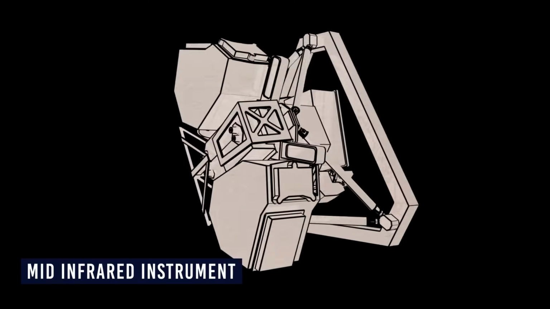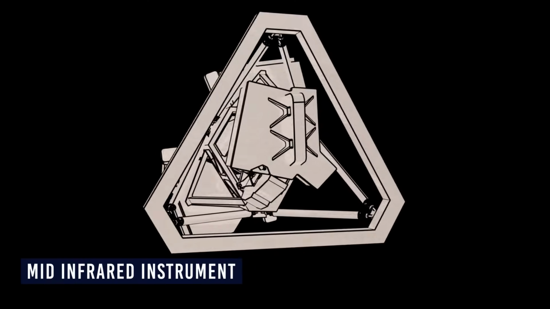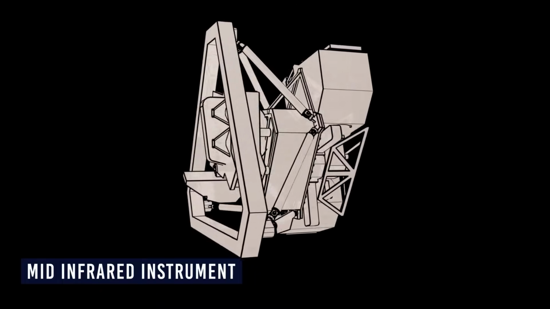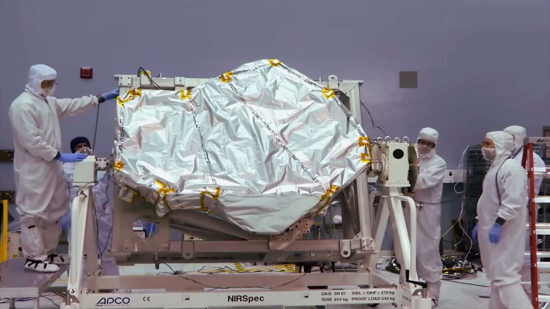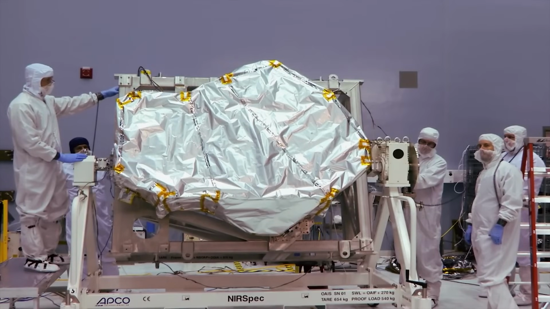The mid-infrared instrument is designed to take images of the universe in the mid-infrared spectrum. This is the portion of the infrared spectrum that is farthest from visible light. This instrument will be used to study specific objects, such as dust clouds and stars in the early stages of formation. 4. The fine guidance sensor and near-infrared imager and slitless spectrograph.